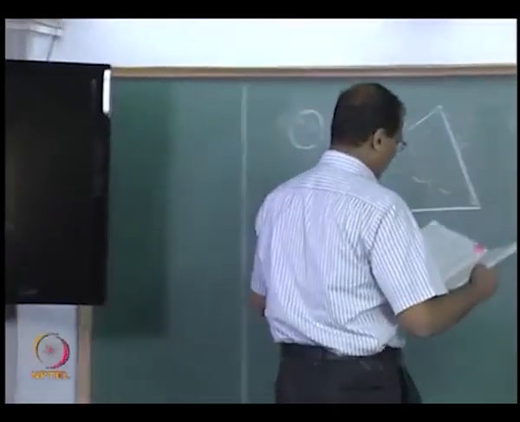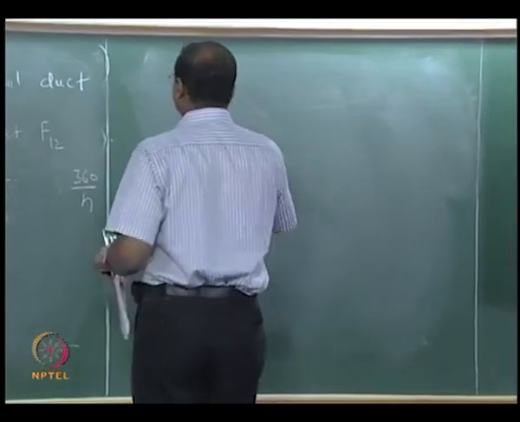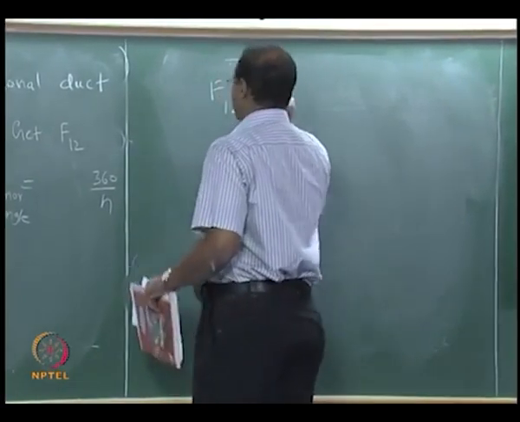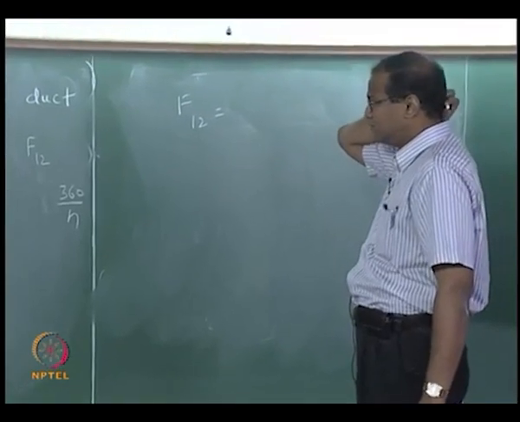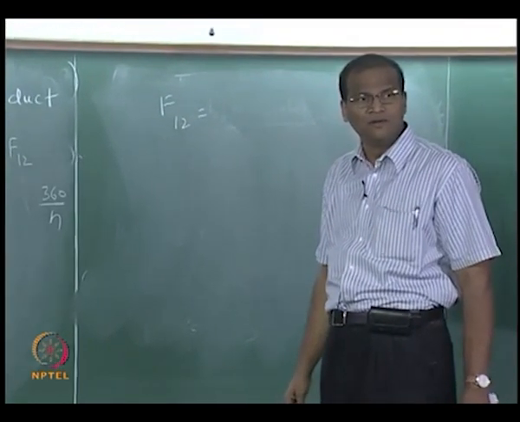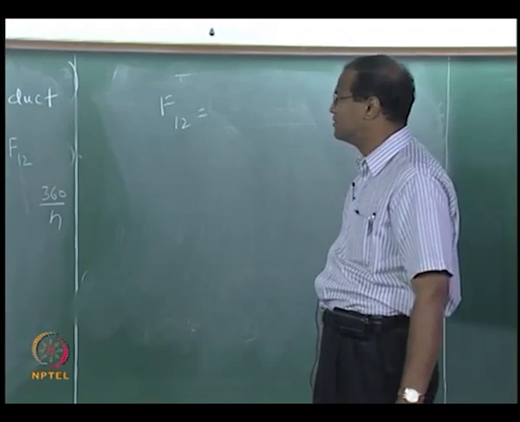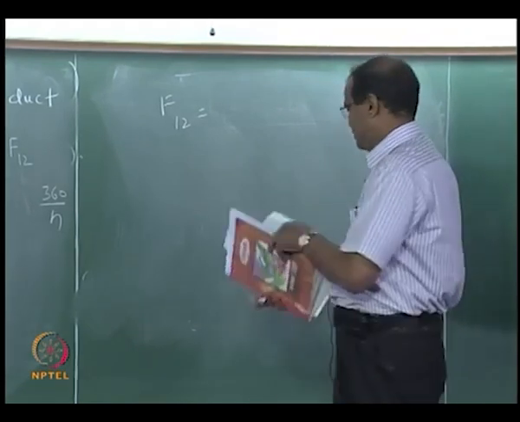Now we will have to find F12. So what is F12? How did he start this problem? F12 equal to, or did he say F12 plus, what did I write?